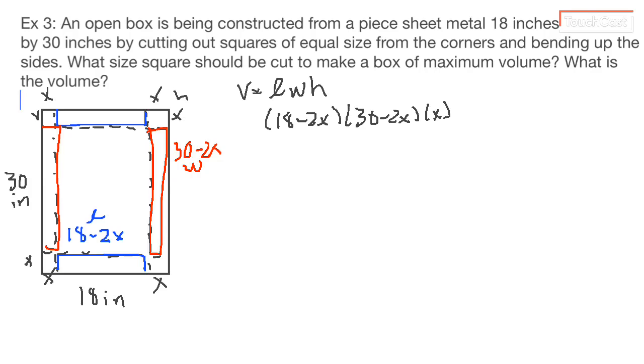So let's start by foiling and distributing everything. If we went 18 times 30, you can do all of that on your own. I'm just going to tell you what we'll end up with.